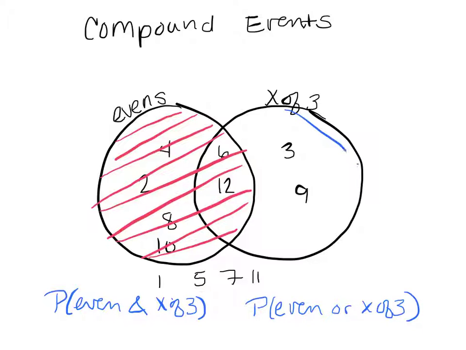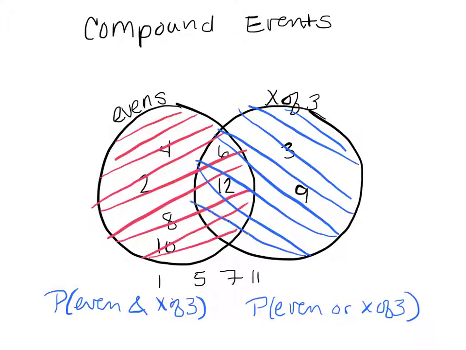So it could be anything in this circle here. So here's the problem. If I'm just looking at even, I've got the numbers 2, 4, 6, 8, 10, and 12. If I'm just looking at a multiple of 3, I've got 3, 6, 9, and 12. And our problem comes in with the 6 and the 12, because those have been counted twice.